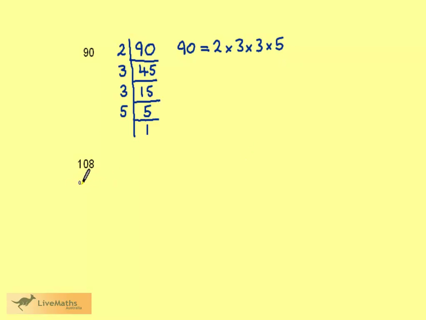Let's consider 108. 108 is even, so we'll divide by 2. 108 divided by 2 is 54.